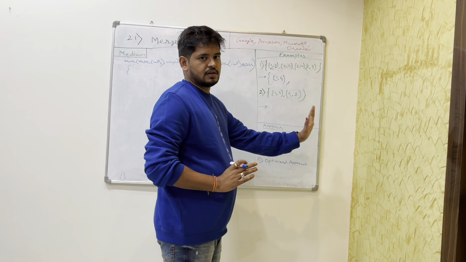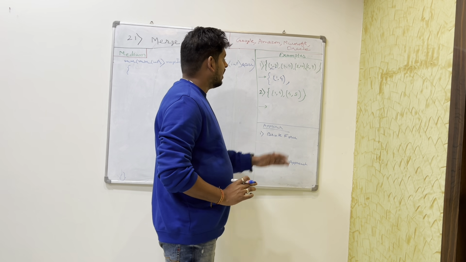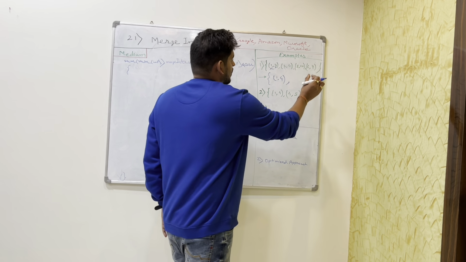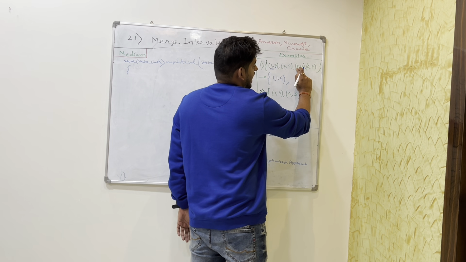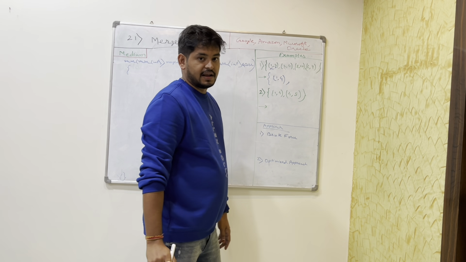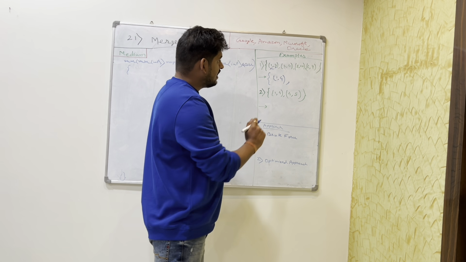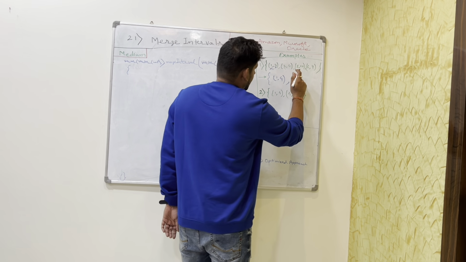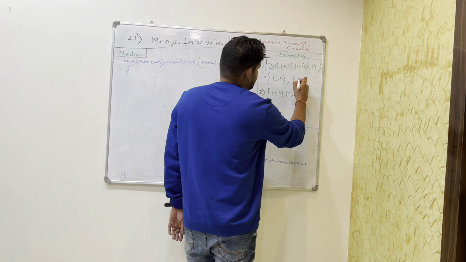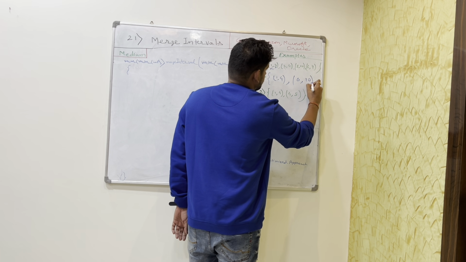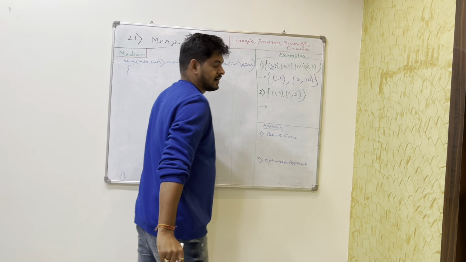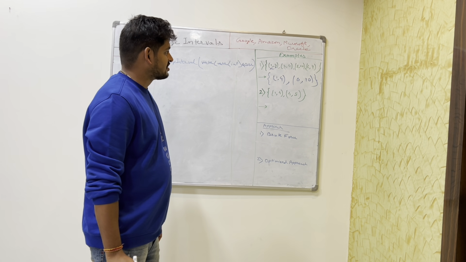We need to return the intervals in ascending order. So we need to take this 6 comma 9, but 9 comes between 8 comma 10, so we need to add this as 6 comma 10. This would be our answer, right? 1 comma 4, 6 comma 10.